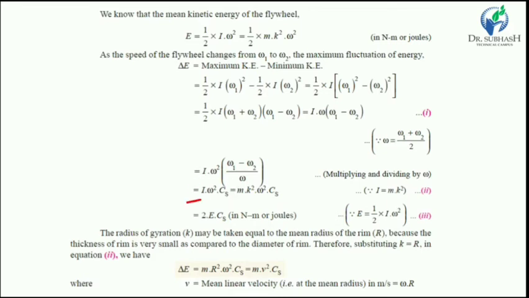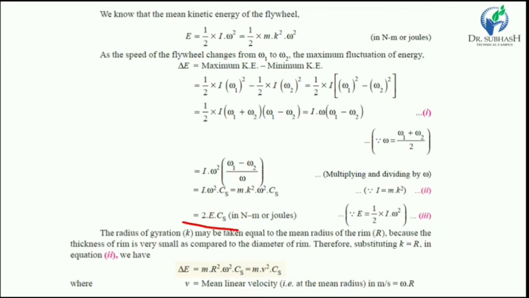If we write the value of I as m k square, then it is m k square omega square CS. This equation is the final maximum fluctuation of energy equation for a flywheel.